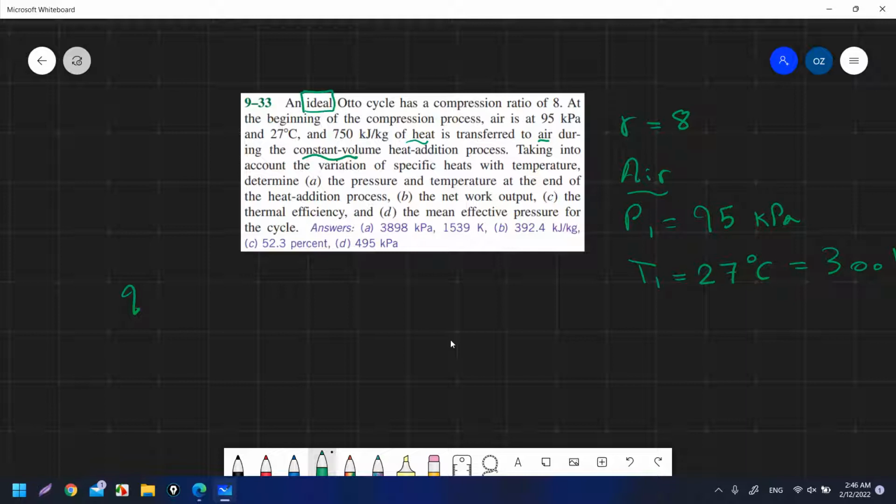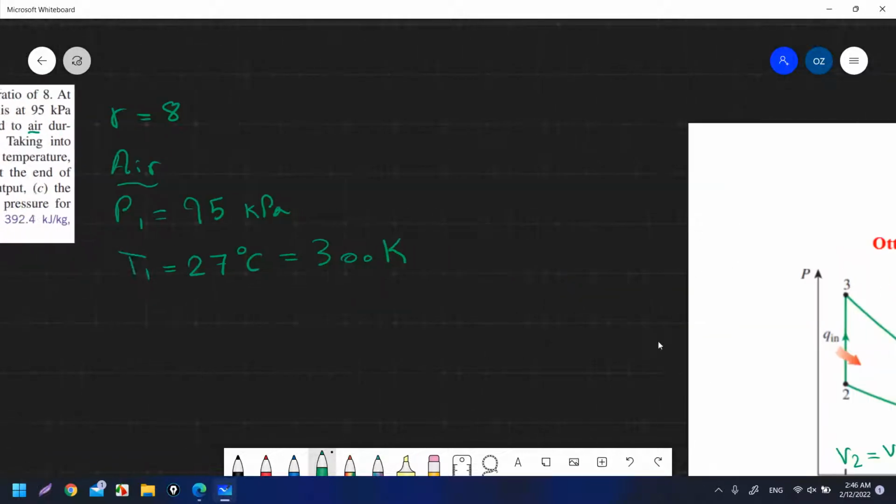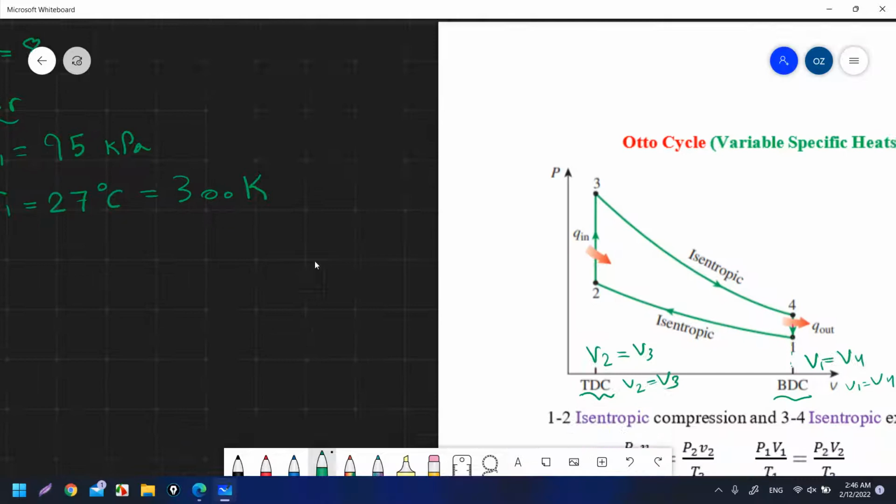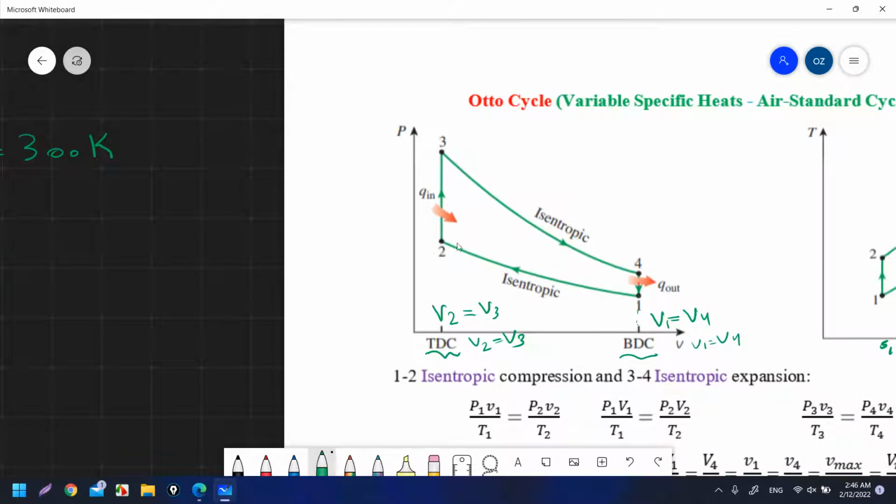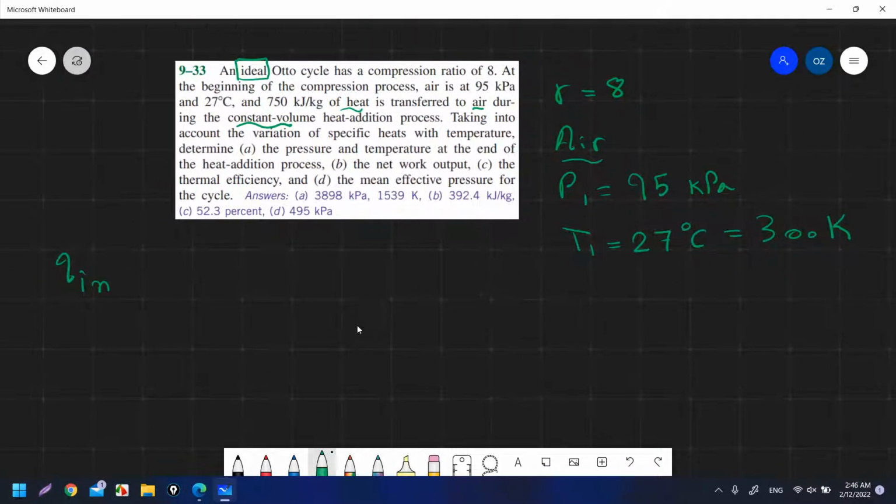Heat addition means Q in to the system, to the cycle. Where is the constant volume heat addition process in the Otto cycle? We have here heat addition Q in at a constant volume, V2 equals V3. So that is the process he is talking about, from 2 to 3.